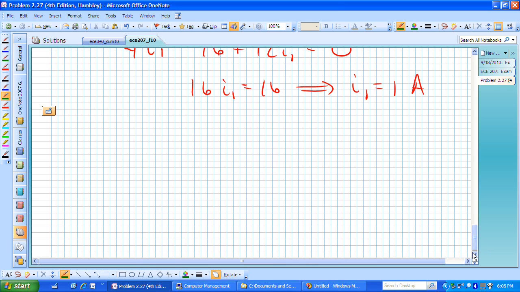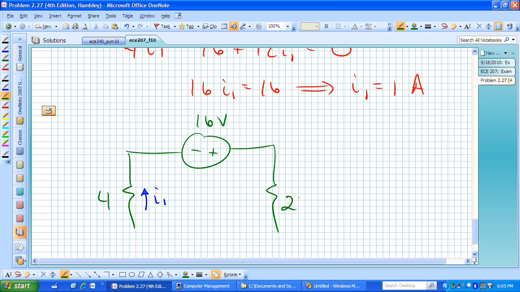If you look back at our original circuit, here's the 16 volt source, here's 4, and that was indeed the same I1 that we had, but now we had a 28 ohm and equivalently a 21 ohm resistor in parallel that were making up that right-hand side, or the 12 ohm resistor that we found for its equivalent.